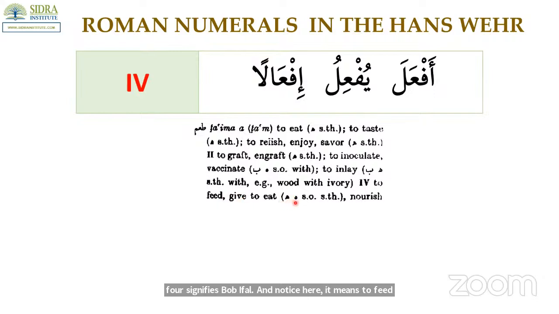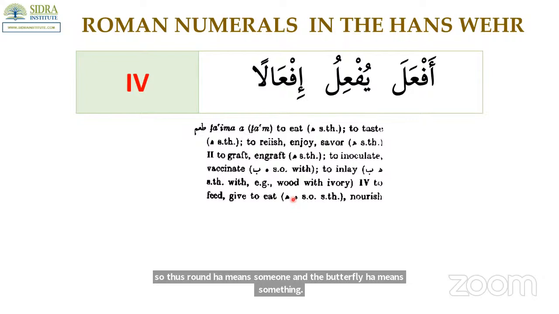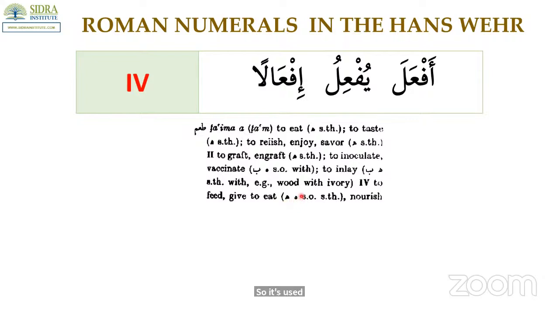That means this فعل is متعدي إلى مفعولين. It's transitive to 2 مفعول بهs because it means to feed someone something. Okay, so the round ha means someone and the butterfly ha means something. So it's used, it's muta'addi ila maf'ulain. So that's another thing to understand here as well.